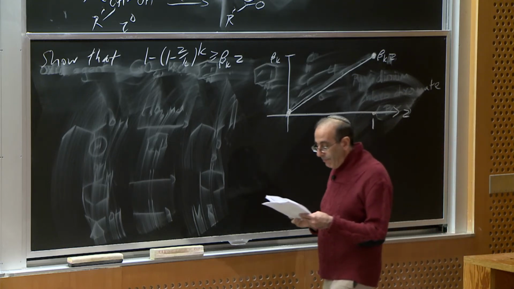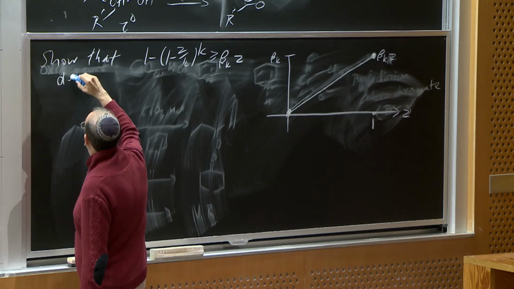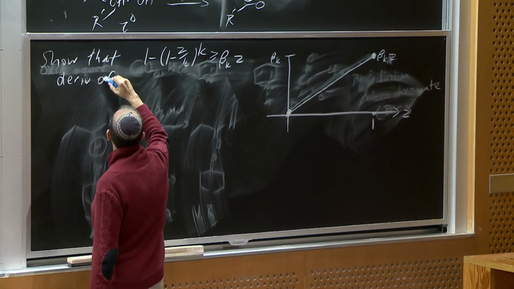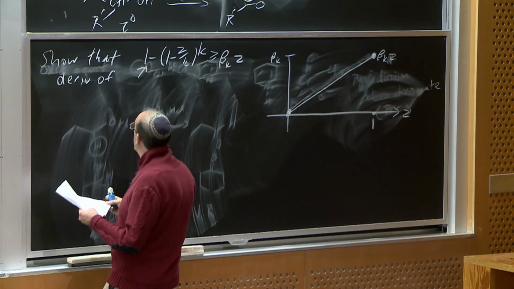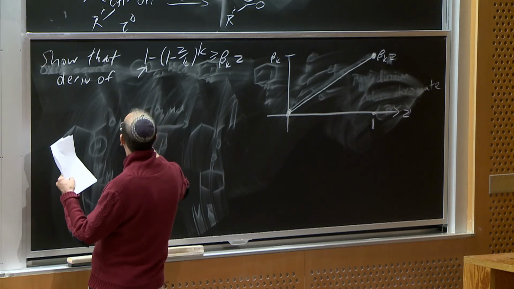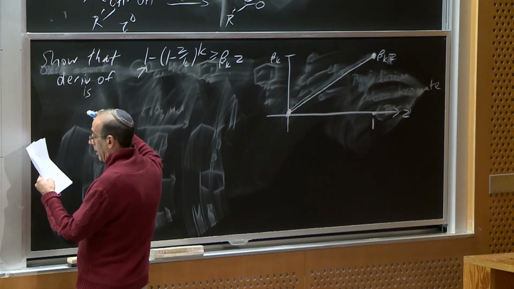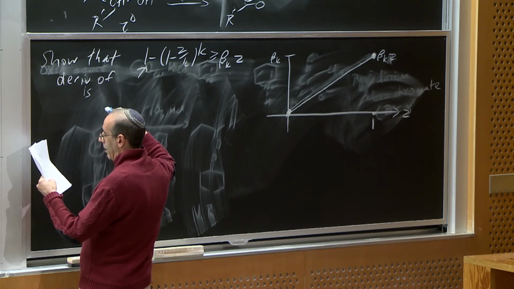Okay. So what we do is we look at the first derivative of this quantity. And that first derivative is, what did I say here?